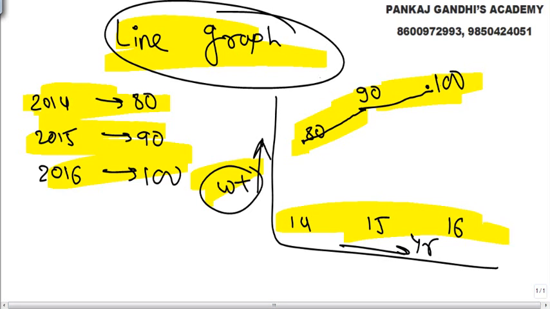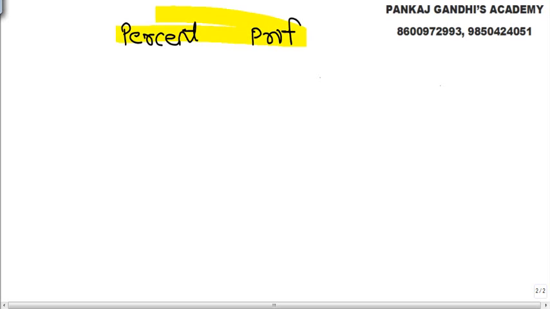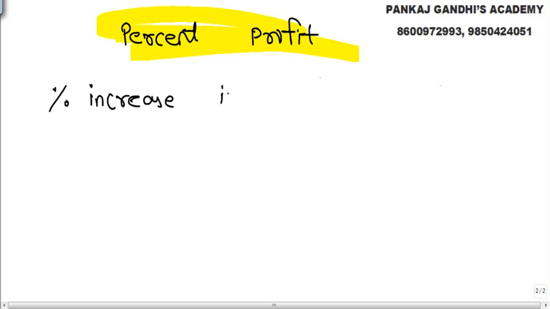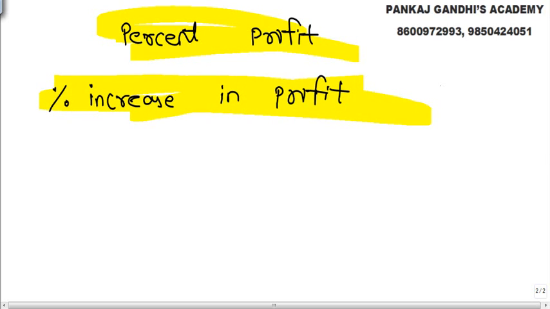But what we are going to study in this lecture are two very popular kinds of questions: the percent profit, a line graph showing percentage profit. The first caselet is going to be about percentage increase in profit, obviously with respect to the previous year.